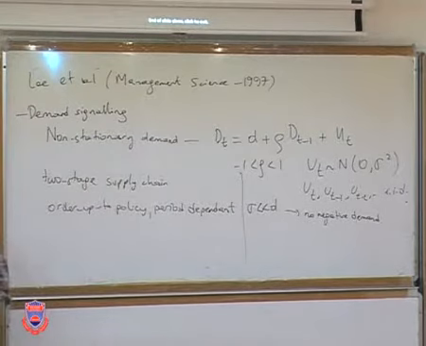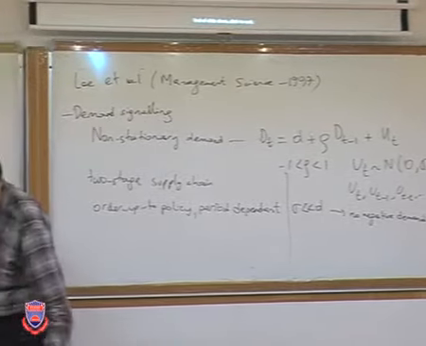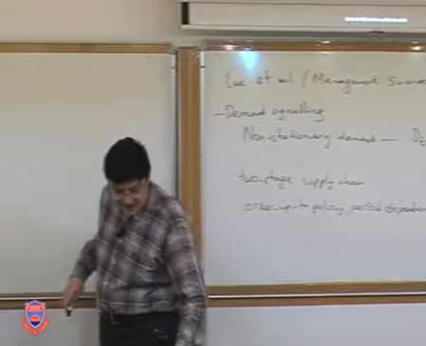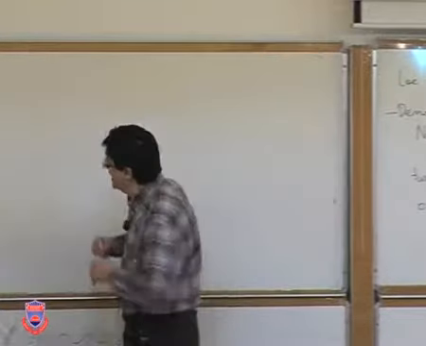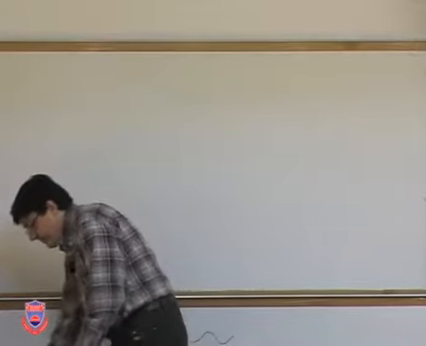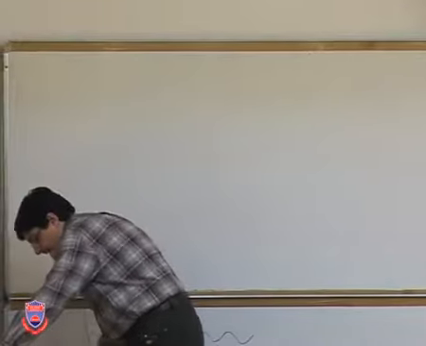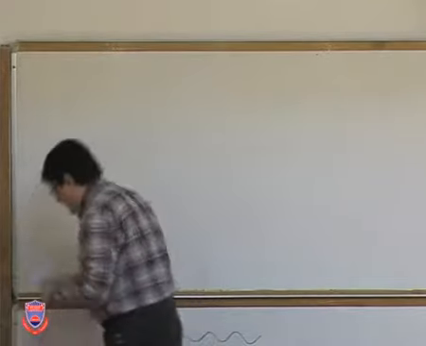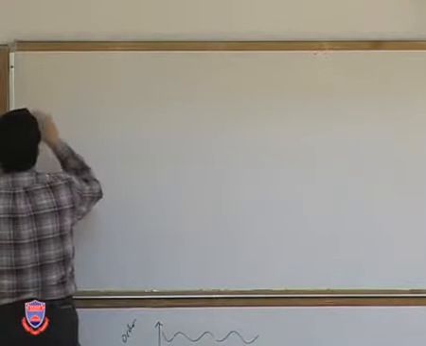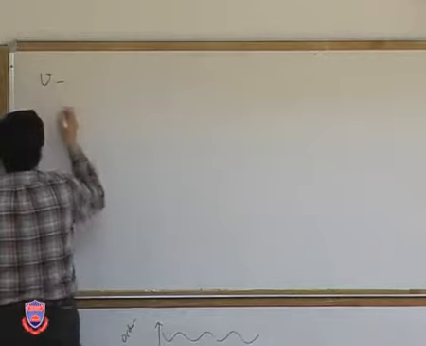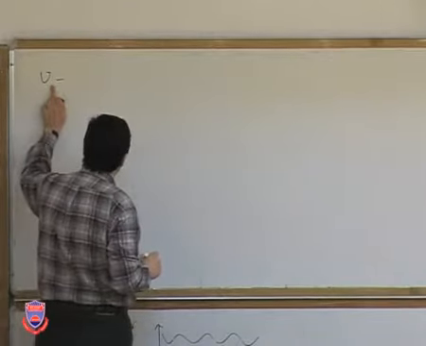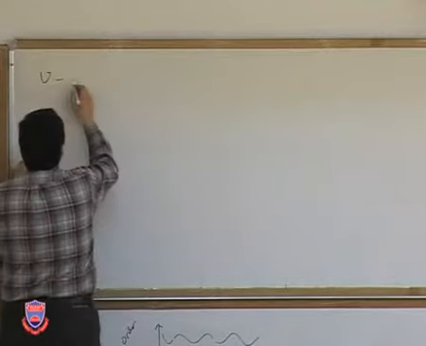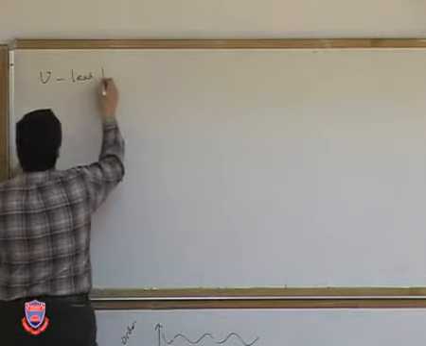Now let's work on the model. Let us assume that S_t is this order up to level. I'm going to assume that you use the notation in the text. This nu is the lead time.